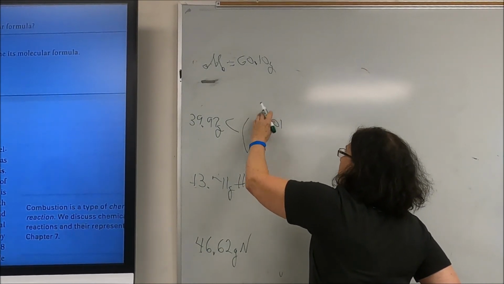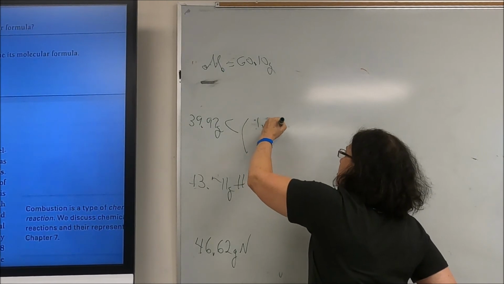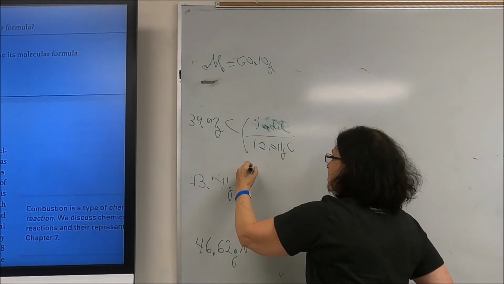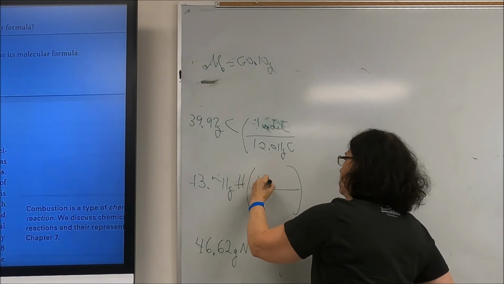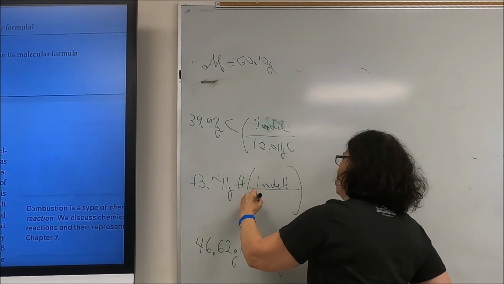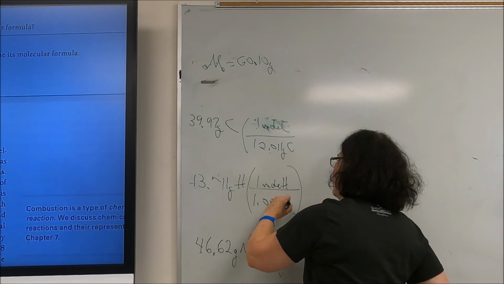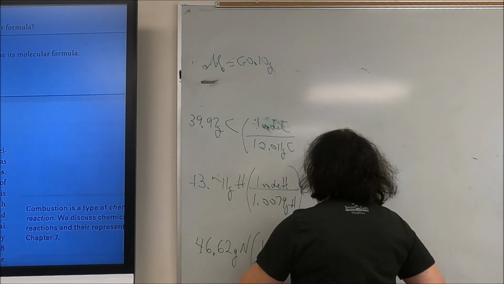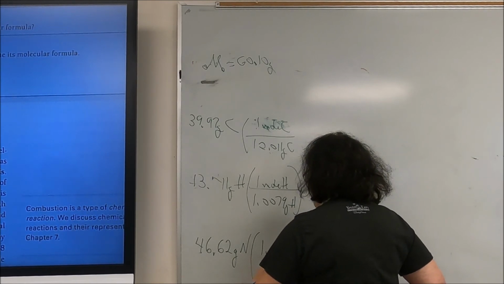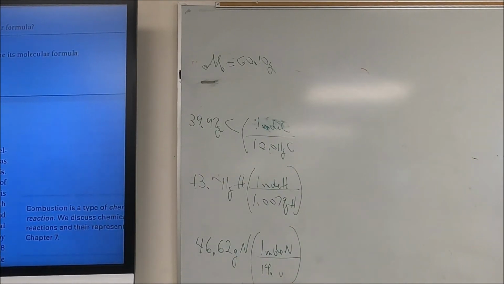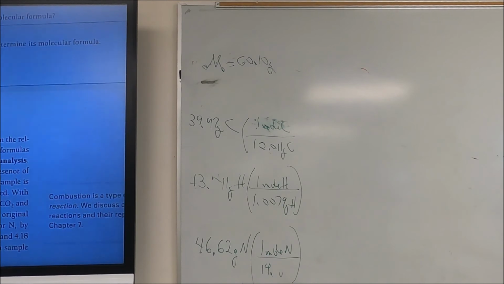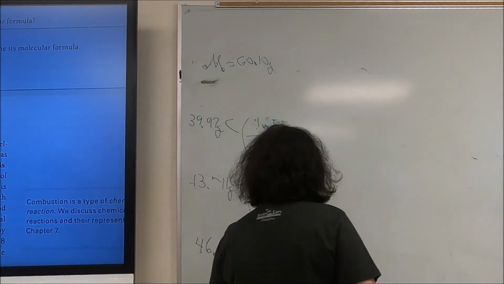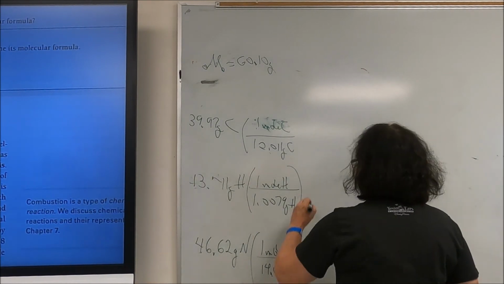So, 1 mole of carbon for every 12.011 grams of carbon, 1 mole of hydrogen for every 1.0079 grams of hydrogen, and 1 mole of nitrogen for every 14, I don't have nitrogen memorized all the way out, 14.01 grams of nitrogen.